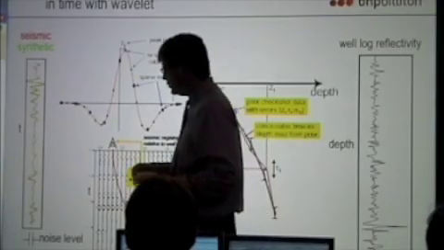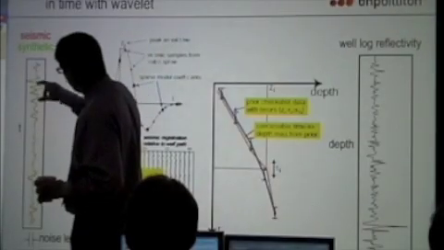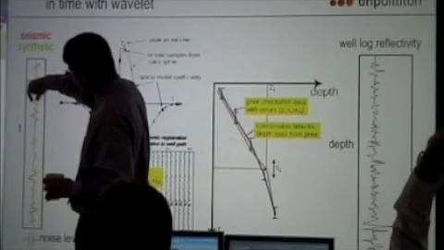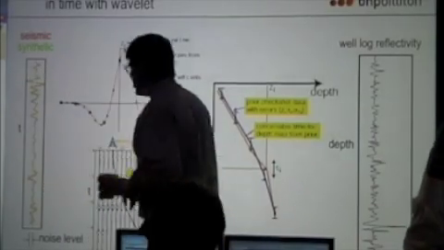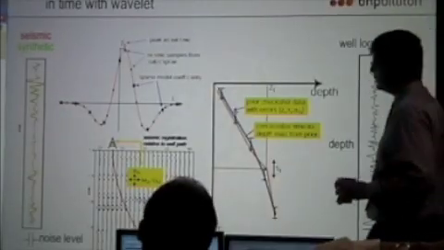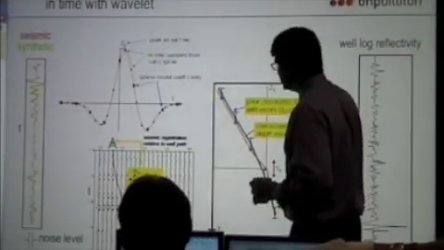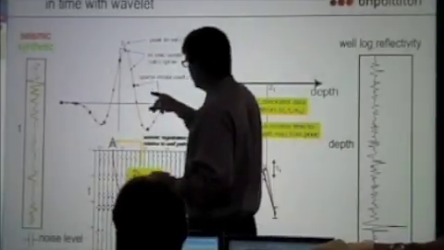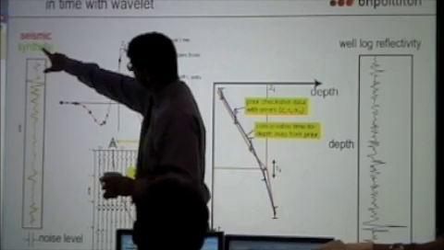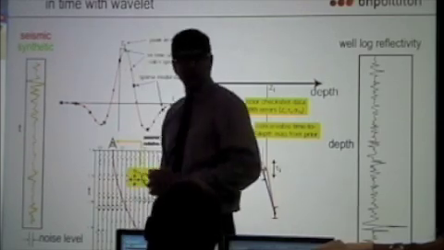And then finally, you'd like to understand what the noise level is, or the amount of mismatch between the synthetic that comes from convolving this well log, after it's been converted to depth, with this wavelet, versus the true seismic.